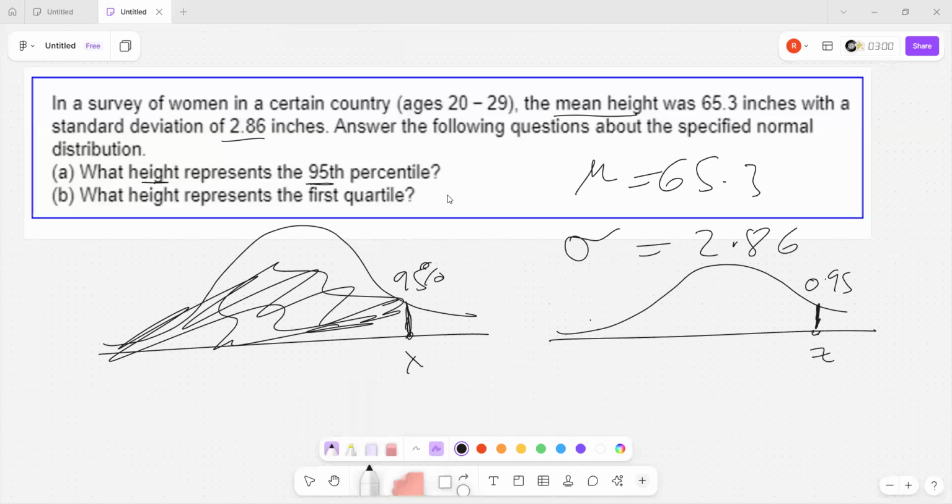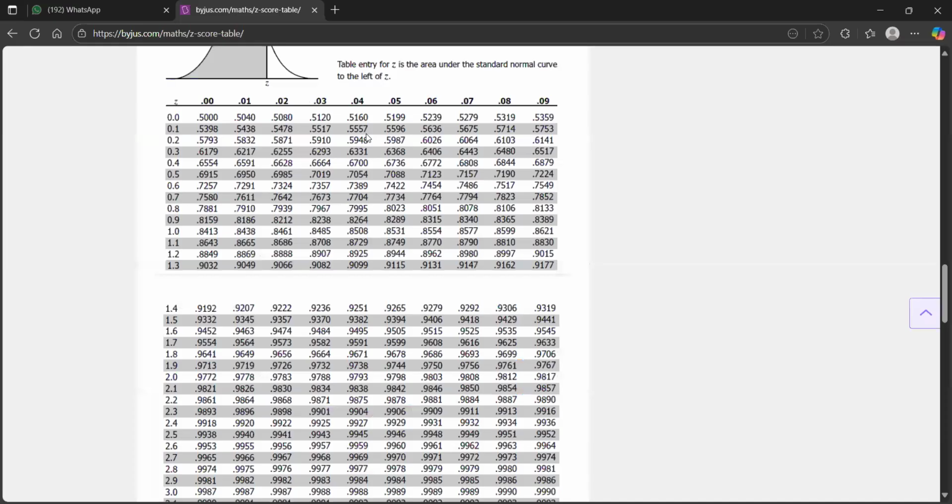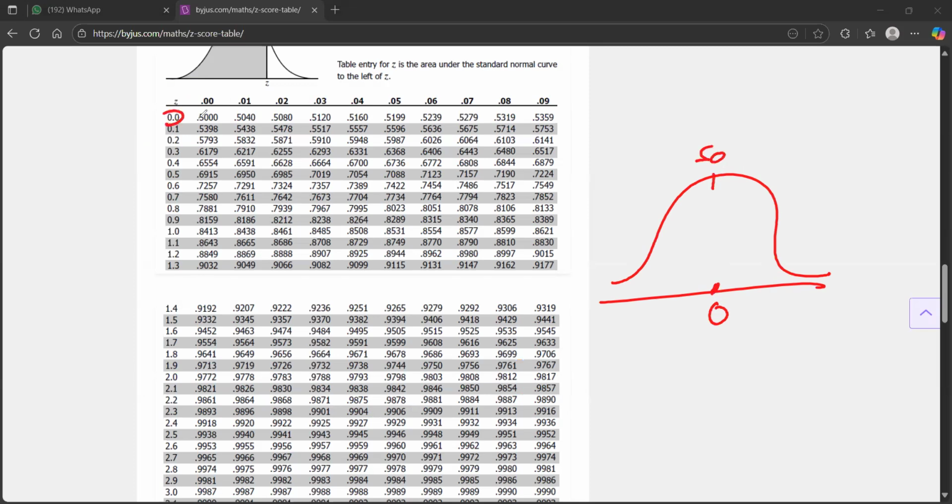So I will make a deep search here for 0.95. To make it easy for me to search, here is 0, which is 50%. Look, 0 is 50%, right? And 0.95 is here.